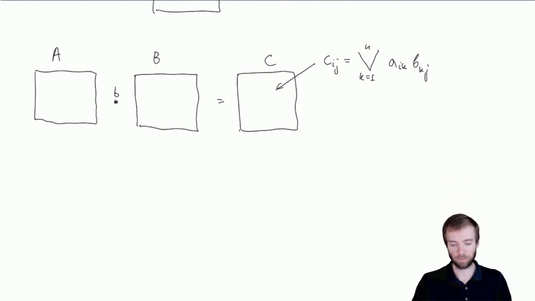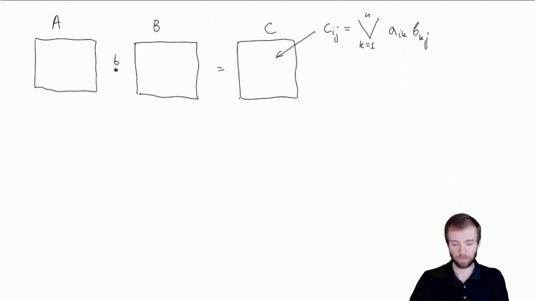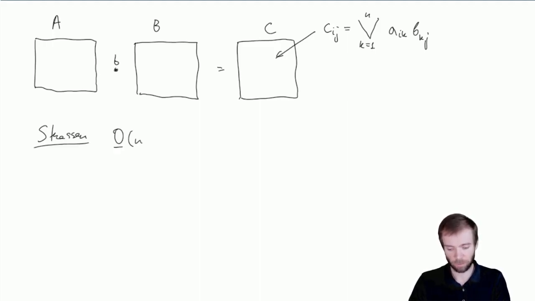So for computing Boolean products of two n by n matrices, Strassen's algorithm tells us that we can do it in time big O of n to the power of log 7. That's roughly n to the power of 2.81.